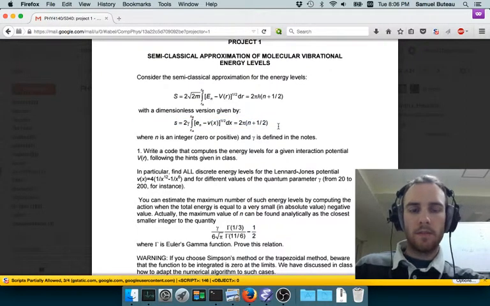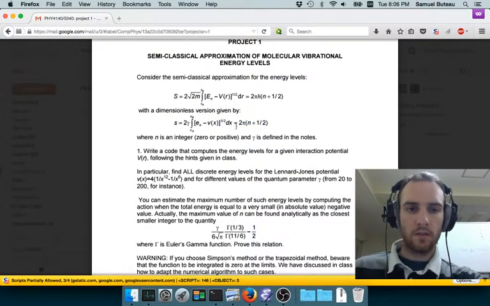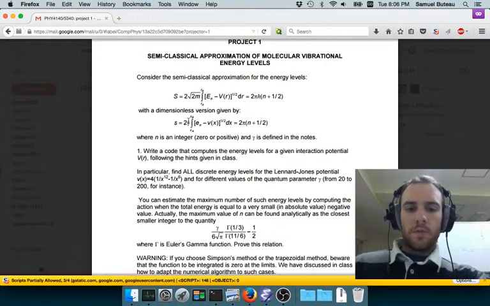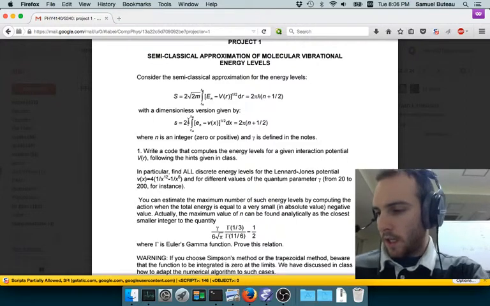The problem is easier if you remove the units, so that's what they did here. And then you just have this gamma parameter, which represents the level of quantum mechanical effects.